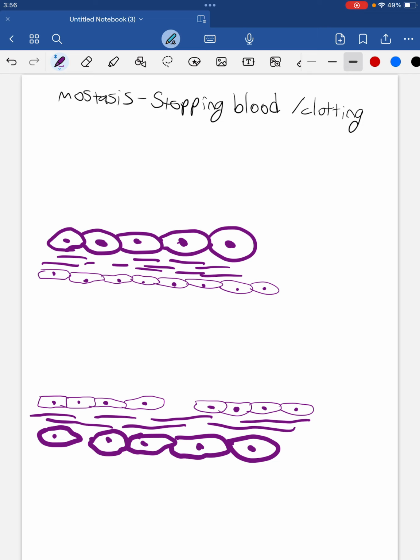So this could be triggered in a number of different ways. If we have direct injury to the smooth muscle in this layer here, that could trigger a vascular spasm. These endothelial cells can also release endothelin.